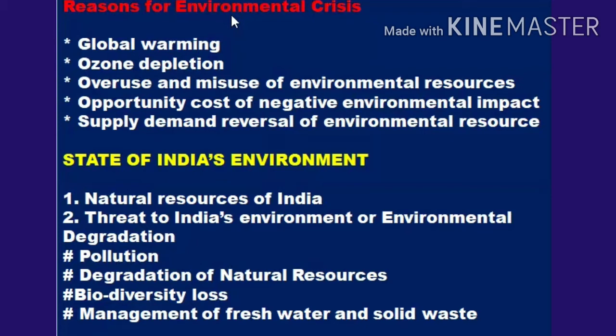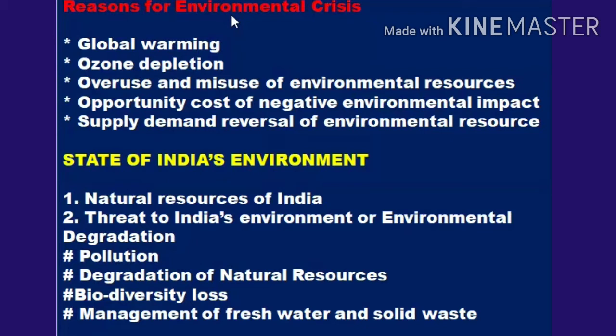So now the rate of resources extraction is more than the rate of regeneration of these resources. So the demand for resources for both production and consumption went beyond the rate of regeneration of these resources. This leads to heavy pressure on the absorptive capacity of the environment, and this has resulted in reversal of supply demand relationship for environmental quality.